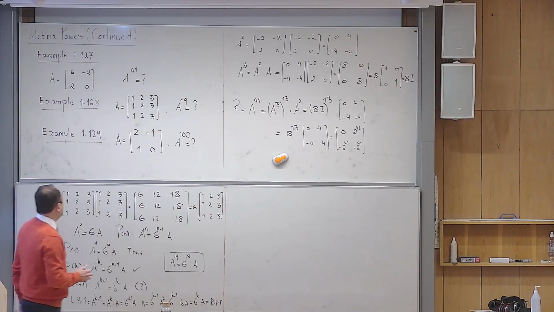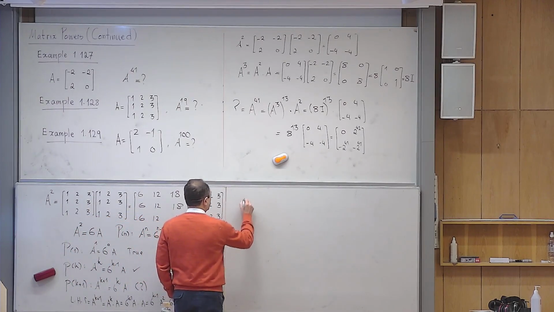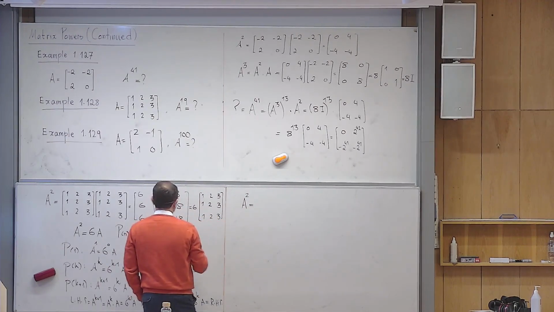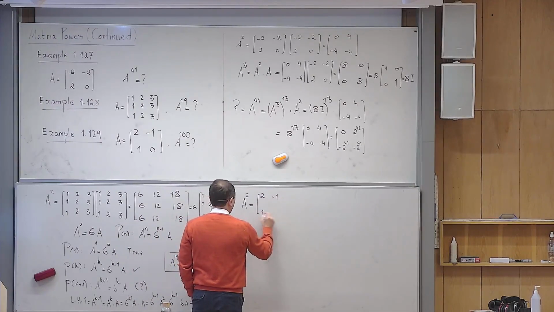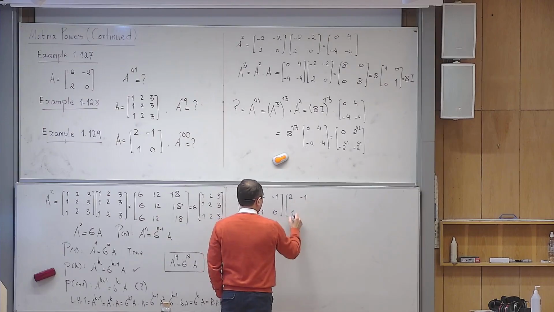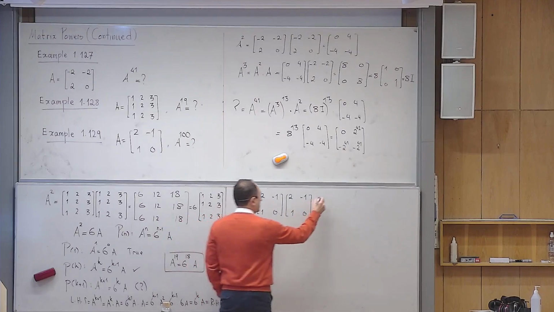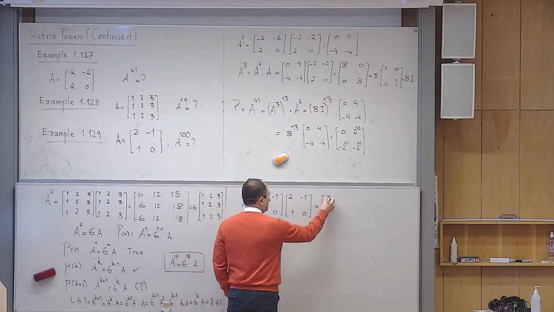Here, if I ask you to calculate a to power 100, the first thing that comes to mind is to start calculating some low powers of a. So we start with a squared: 2, minus 1, 1 and 0 multiplied by 2, minus 1, 1 and 0. If you multiply that, the answer is 4 minus 1, 3.